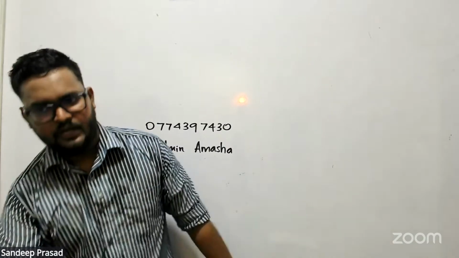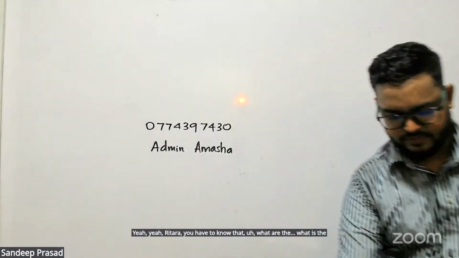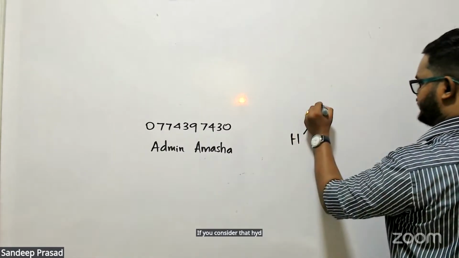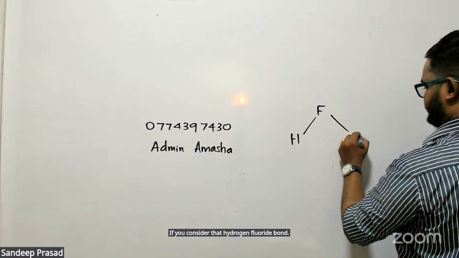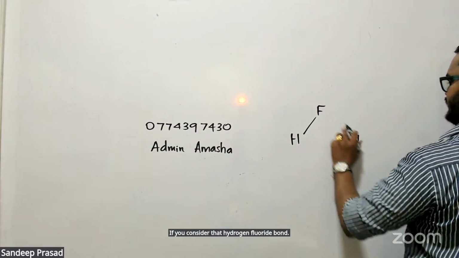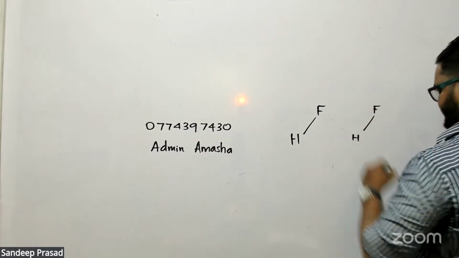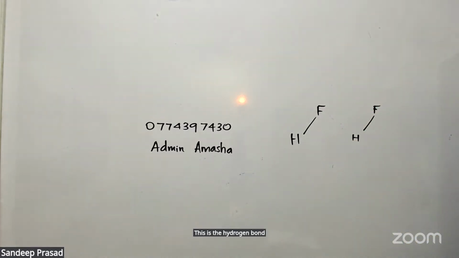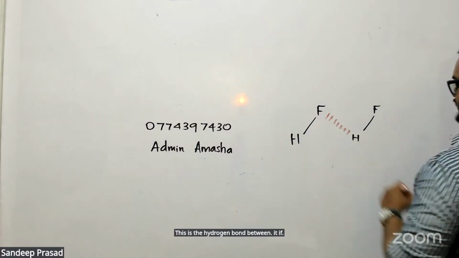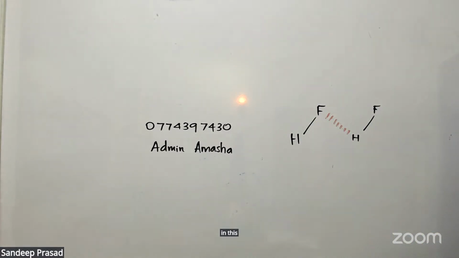Yeah, Ritara, you have to know what is the X element and the Y element. Now, for an example, if you consider that hydrogen fluoride bond, this is the hydrogen bond between HF in this way, right?